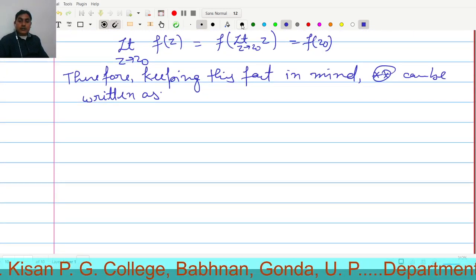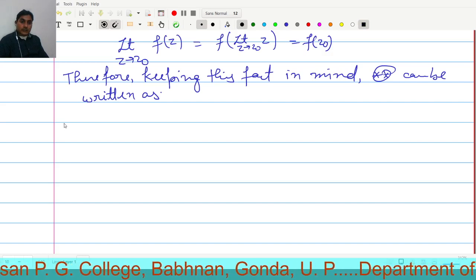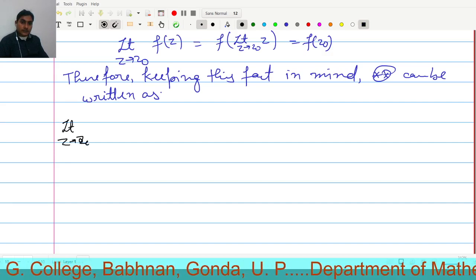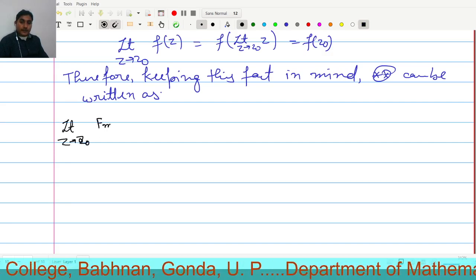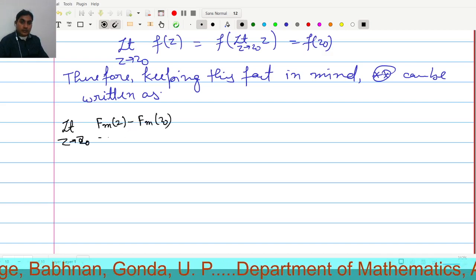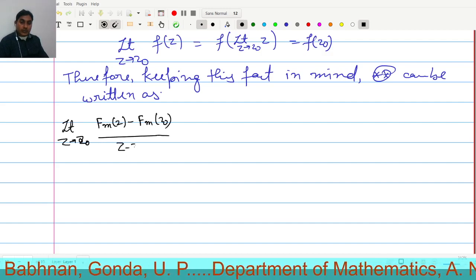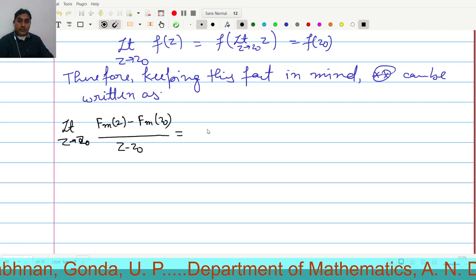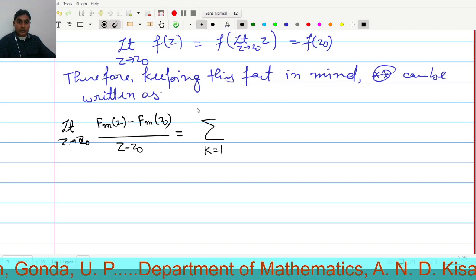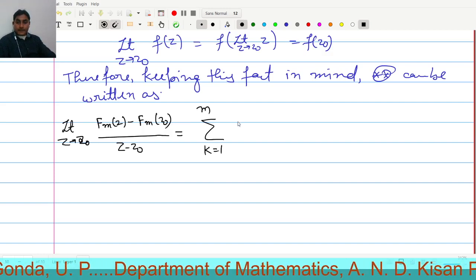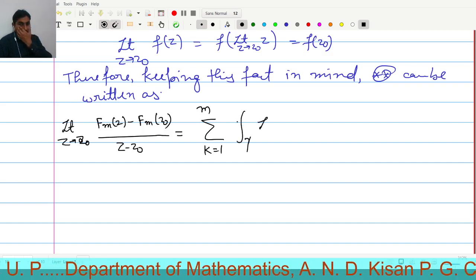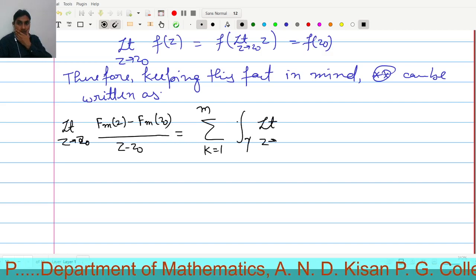डबल स्टार कैसे लिखा जाएगा. What double star was: limit z tending to z naught of (f m of z minus f m of z naught) upon (z minus z naught), that was equal to summation k varies from 1 to m, limit z tending to z naught.